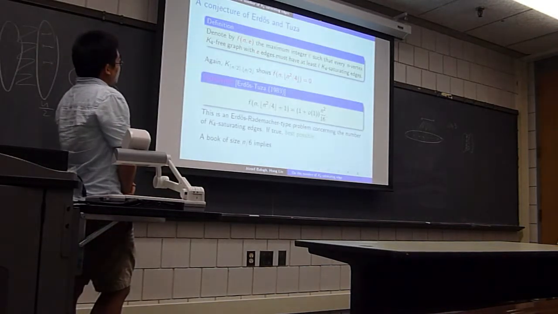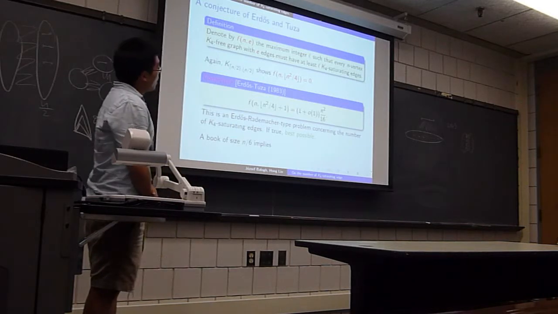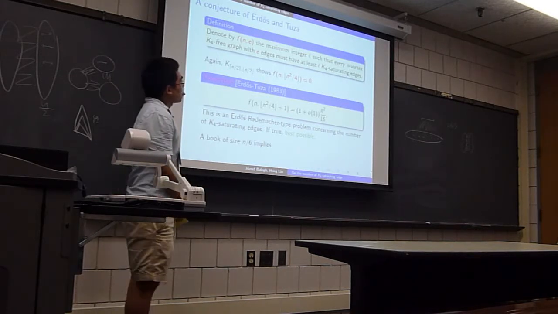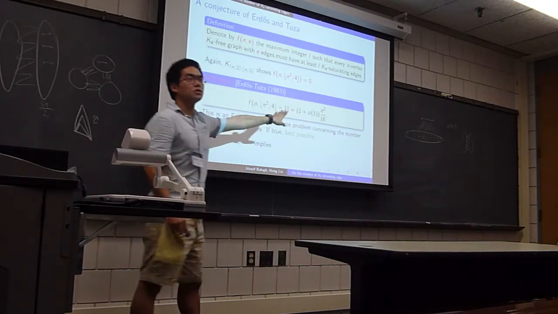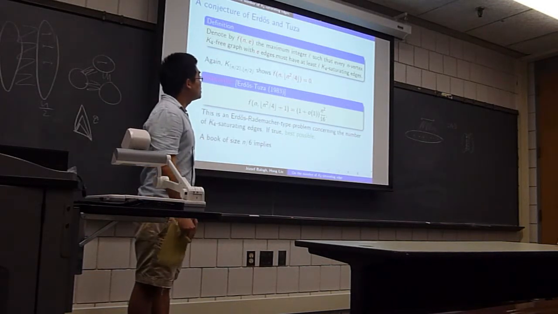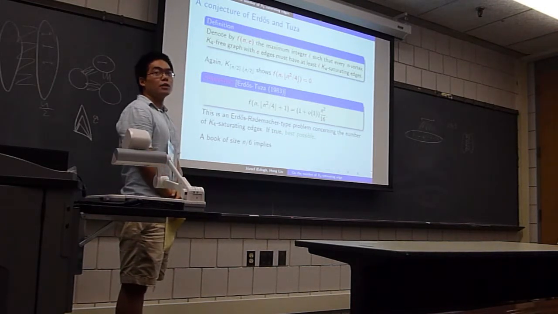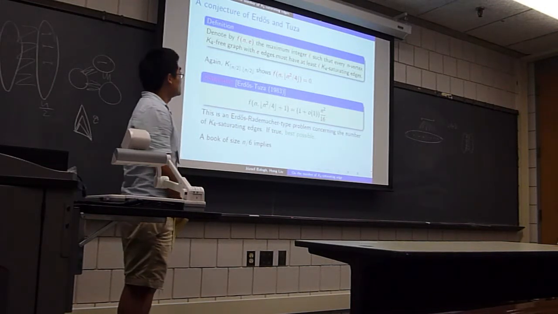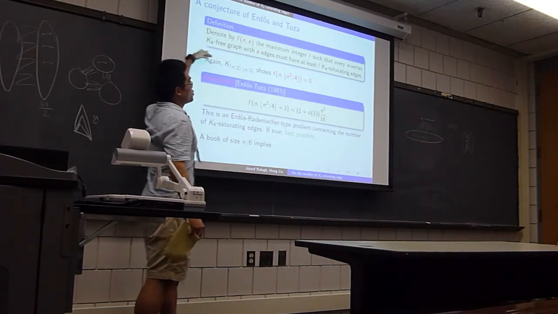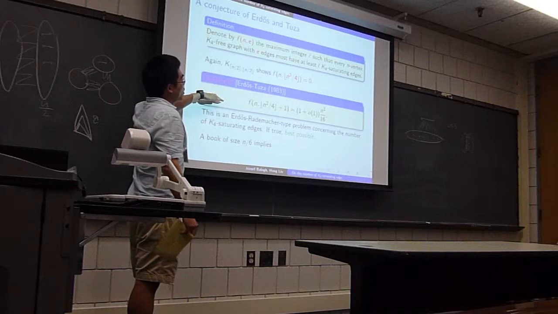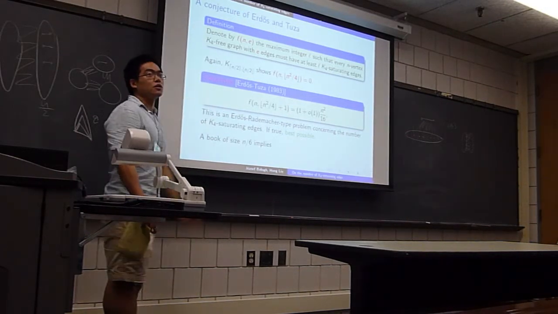This is a conjecture by Erdős and Tuza in '83, I believe. They say if we have one more edge, namely if you consider the family of all K4-free graphs on n vertices with n squared over 4 plus 1 edges, then all of a sudden, from no K4 saturating edges you can guarantee roughly n squared over 16, quadratically many.